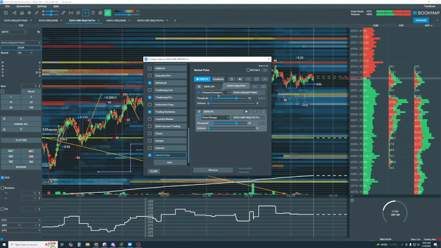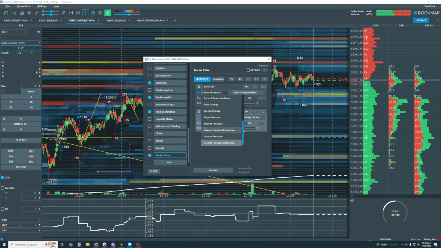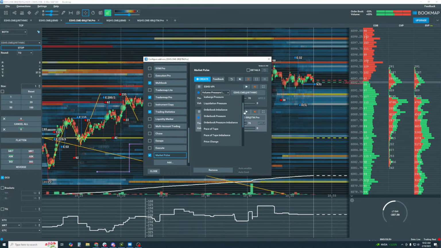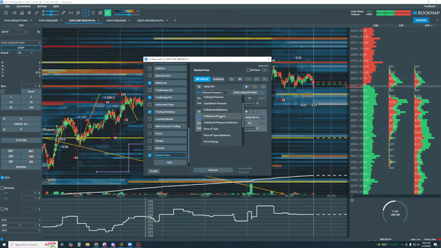This one here is showing you volume pressure, but we can look at order book imbalance, and order book pressure. So you can look at both.